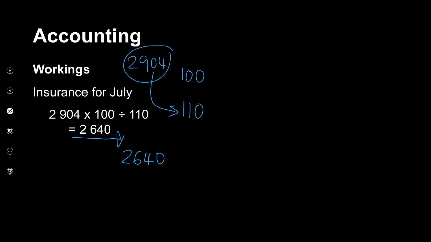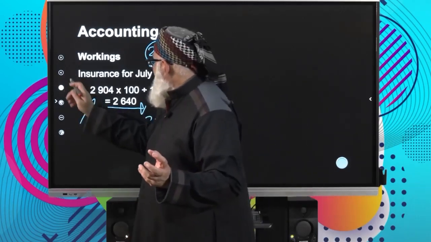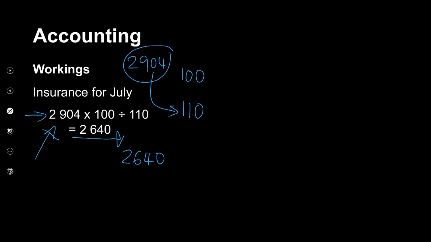Take the increase into consideration, and you will see that if you increase that amount by 10%, you're going to get your new figure of 2904, which was given. So in this particular example, they gave you the insurance after the increase. And that's the important part to remember. The 2904 was the amount after the increase. Another way of setting this out: 2904 is equal to 110%.